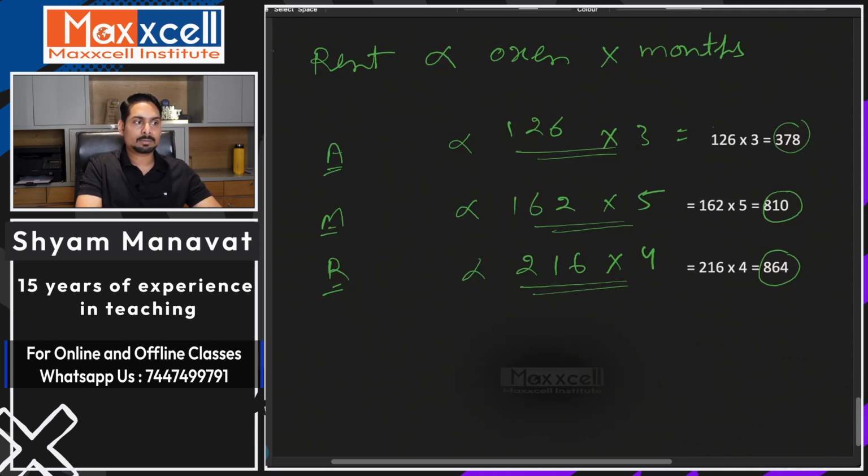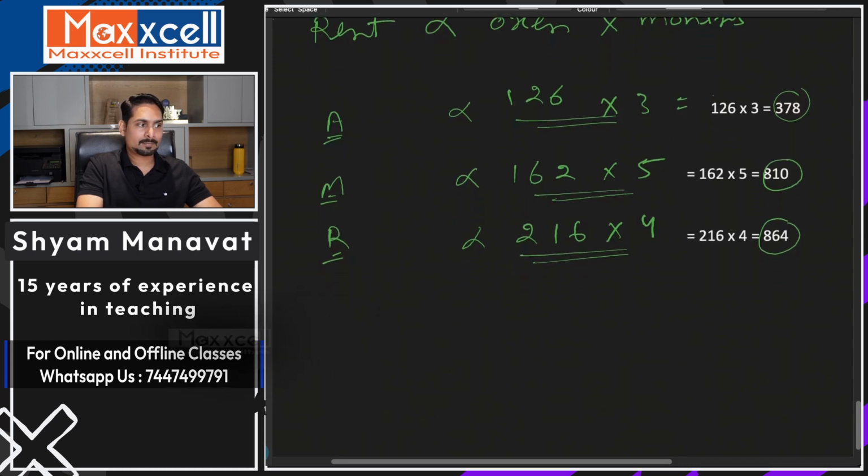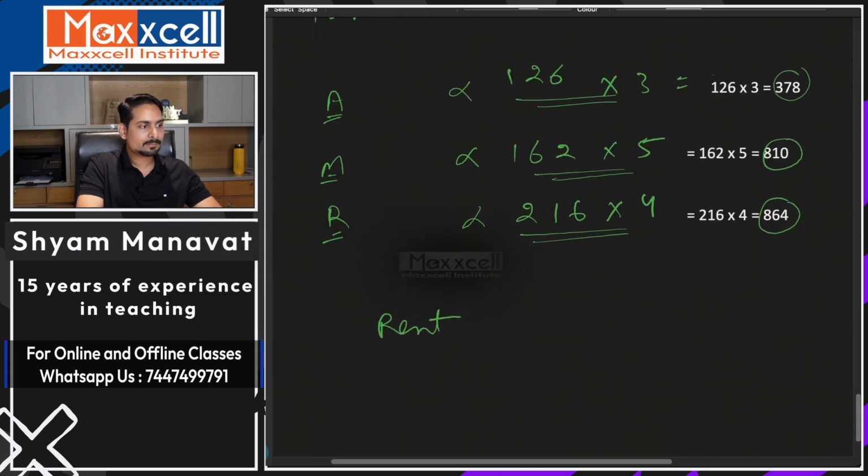So now you can apply, if you want, the chain rule again. How? See, total rent on this side is 570.